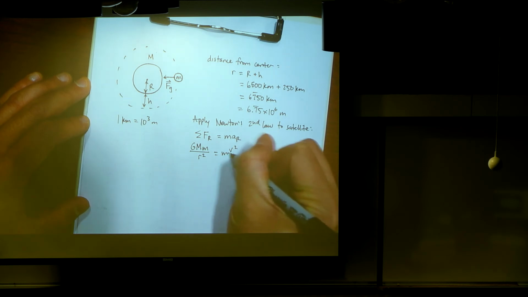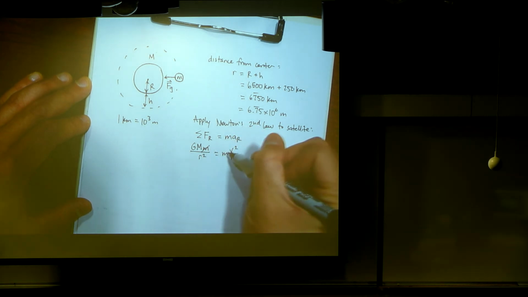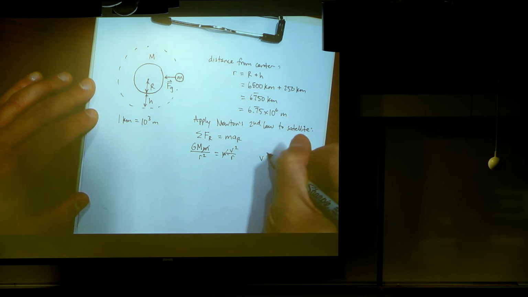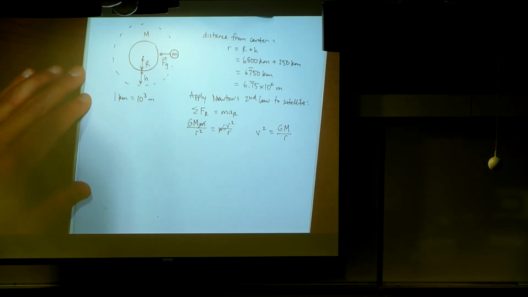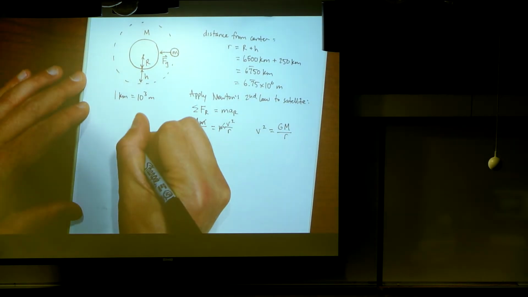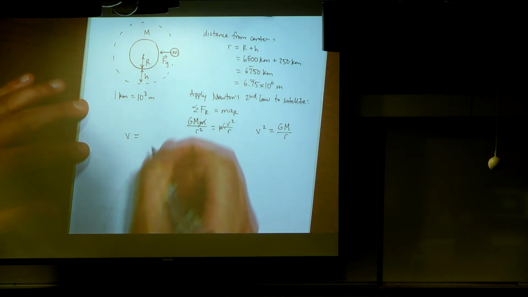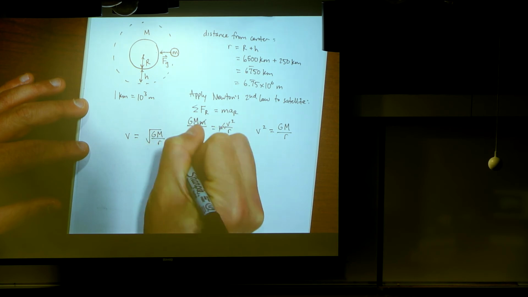Yeah, that's right. So little m drops out. And also, we can cancel out one of these r factors to say v squared equals G big M divided by r like this, okay? So if I want to know the orbital speed v, just square root that. Just take the square root of big G, big M divided by r.